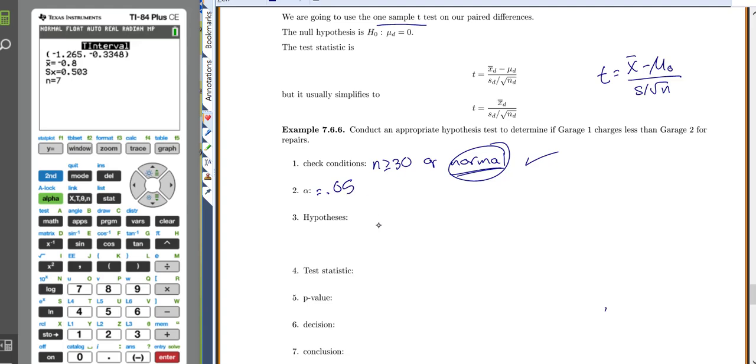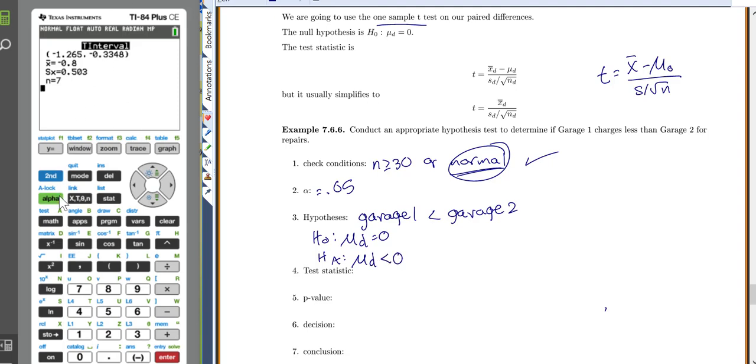For our hypotheses, remember we want garage 1 to be less than garage 2. Okay, so that means if we subtract them, we should be getting negative results. So for our null, we'd say the mean of the differences equals 0. For the alternative, if garage 1 is less than garage 2, when I subtract, I should get negative results. So I'll say the mean of the differences is less than 0.